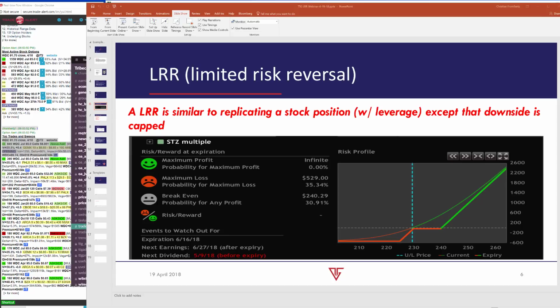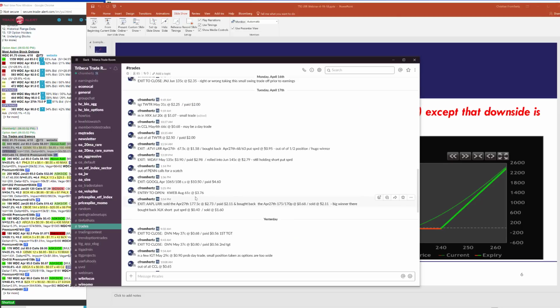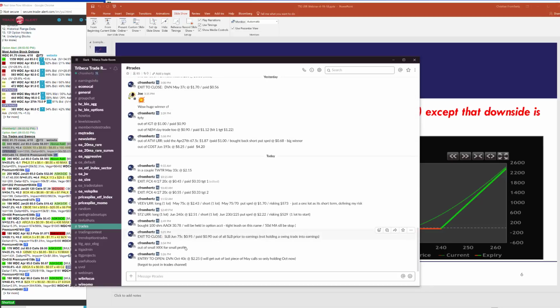Okay. So one question that I used to get all the time on the limited risk reversal that I think you can address: in the example limited risk reversal that you gave, STZ, I think it was, the call itself was like $2.50-ish, and the limited risk reversal in total, you were risking 500 and something.